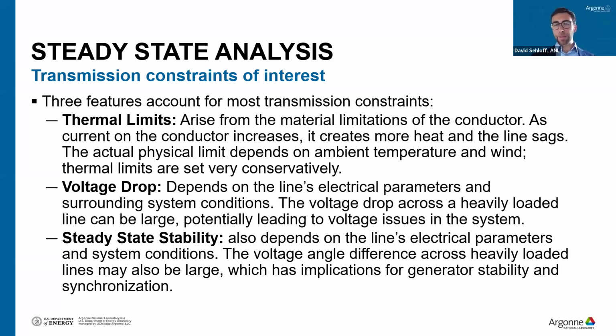Finally, steady state stability is really driven by the interaction of the line with the rest of the system. It's related to the voltage angle difference across these lines. And the implication would be for generators, so that we could lose stability of some of our generators. So these are all important constraints to consider and plan for. Next slide, please.